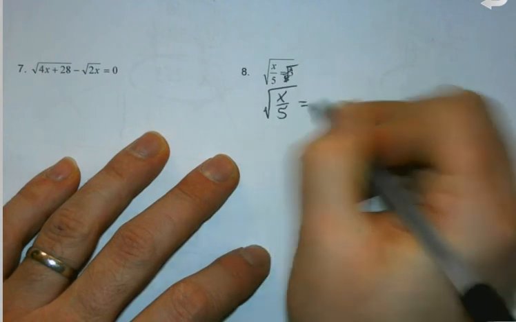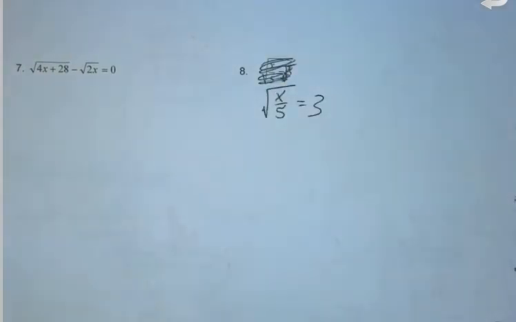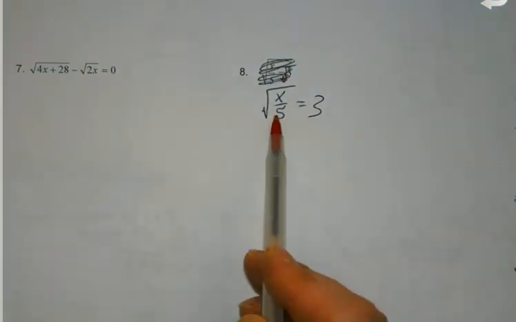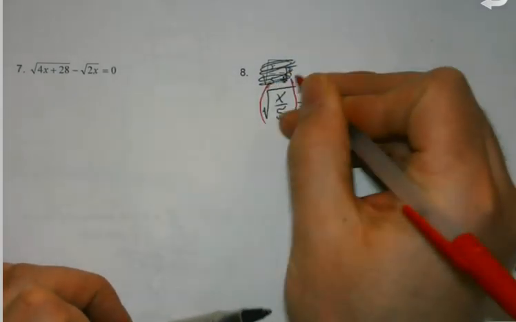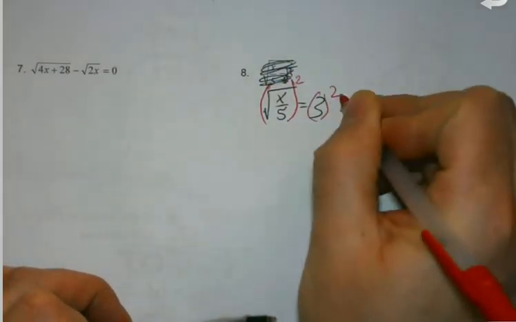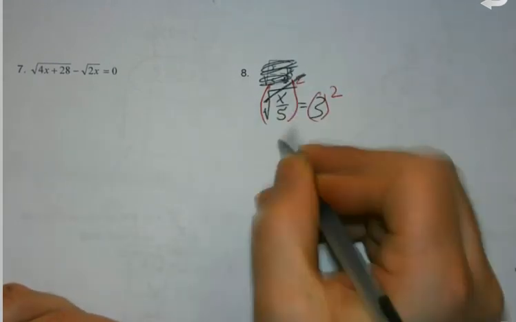My radical should only be on the left side here. I made that a little too big with my square root. You're like, ooh, what the? Same idea. Radical's by itself already. So I can do my squared part right away. So whack those out.